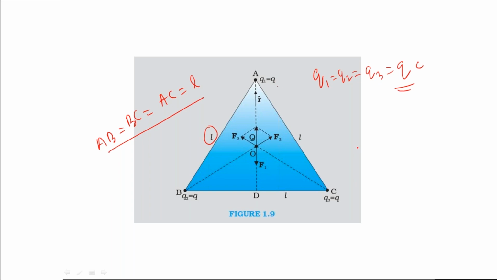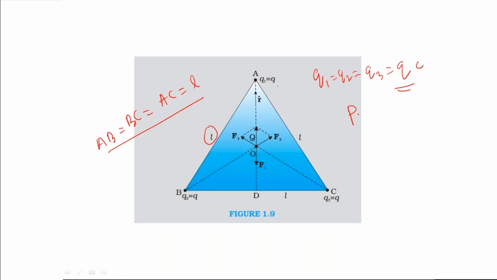These all have the same magnitude Q coulomb, suppose. And another charge, capital Q, has been kept at the centroid. So what is the net force experienced by this capital Q charge kept at the centroid of this triangle due to these charges?